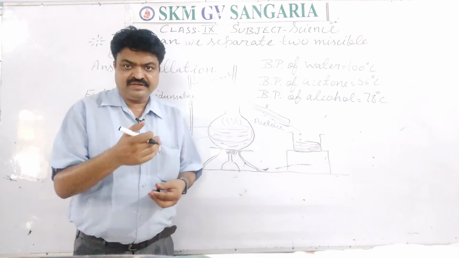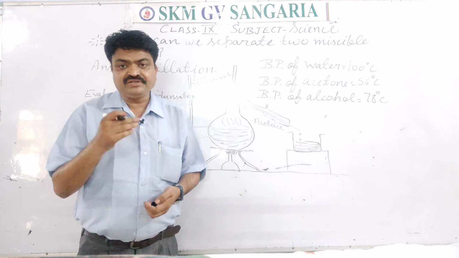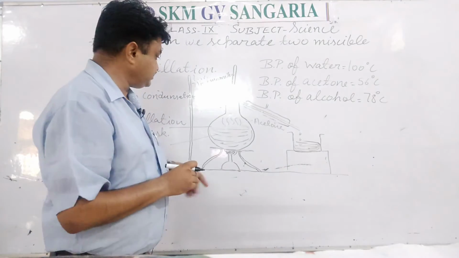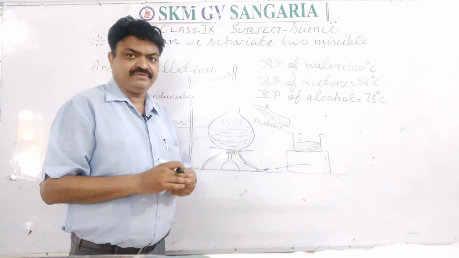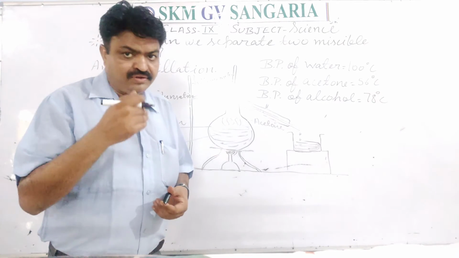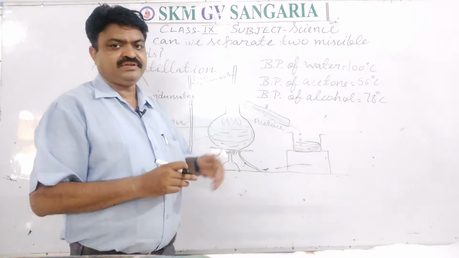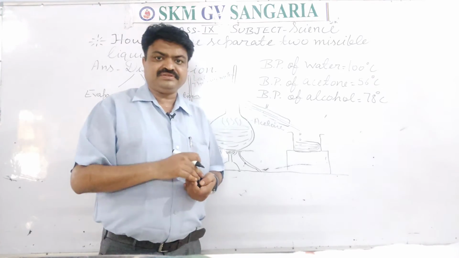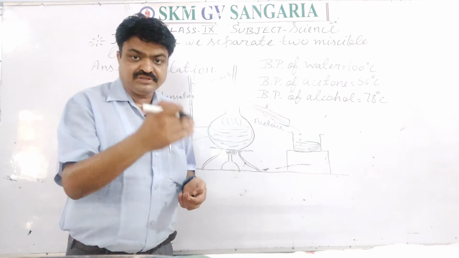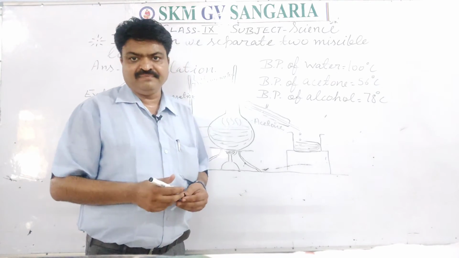Now there is another characteristic that helps us separate these two liquids, students. It is their volatile nature, because acetone is more volatile than water, and due to that the first liquid to evaporate is acetone, and after this water will evaporate. Now what is volatile?